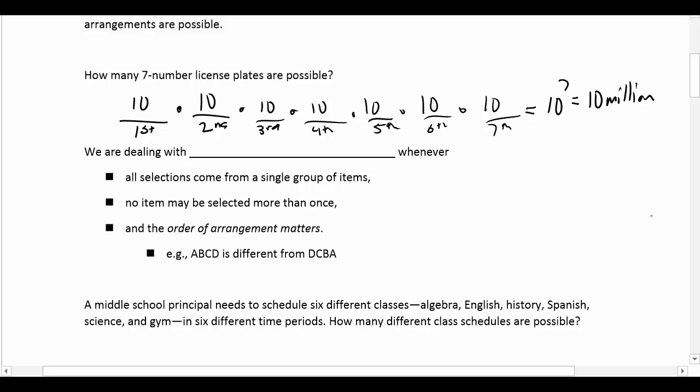A little bit more specific is when we are dealing with what's called a permutation. Whenever the following conditions apply: all selections come from a single group, no item can be picked more than once, and the order of the arrangements matters. Permutations, I like to think about as sort of a presidency.